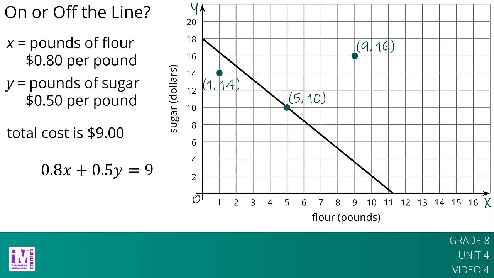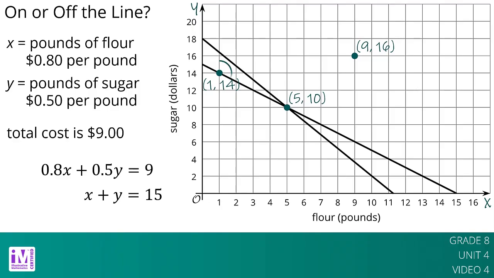Suppose we also know that the flour and sugar together weigh 15 pounds. This means that x plus y equals 15. If we draw the graph of this equation on the same coordinate plane, we see it passes through 2 of the 3 labeled points. Since we now have 2 equations, we can ask whether there is an ordered pair that is a solution to both equations simultaneously.